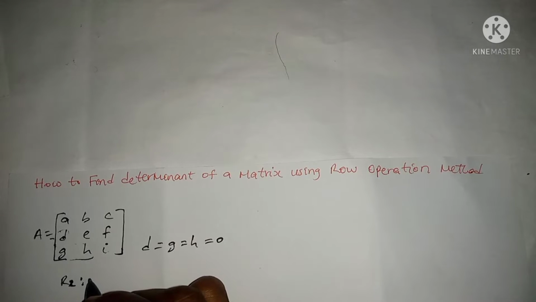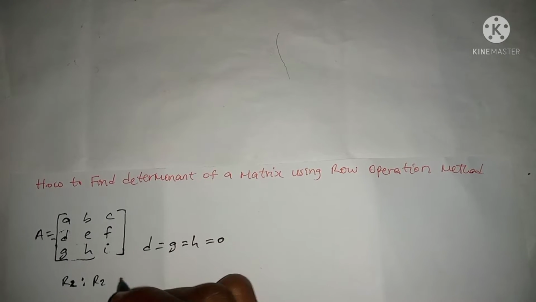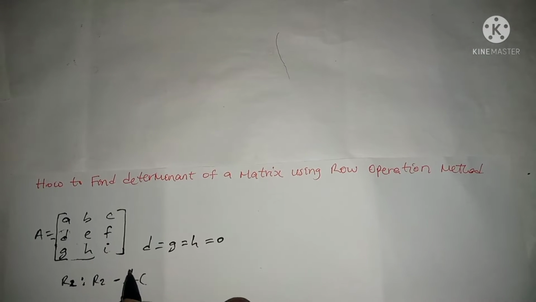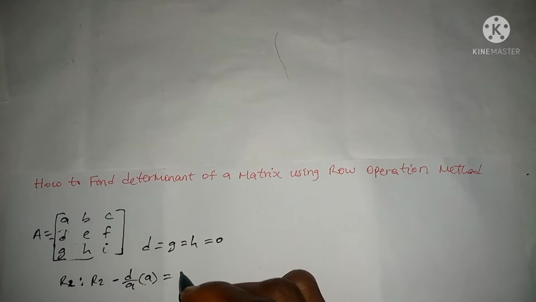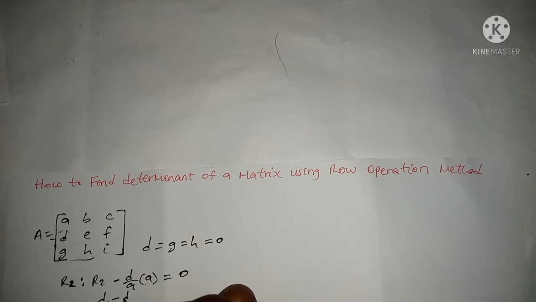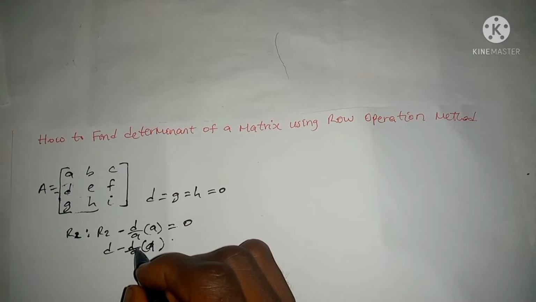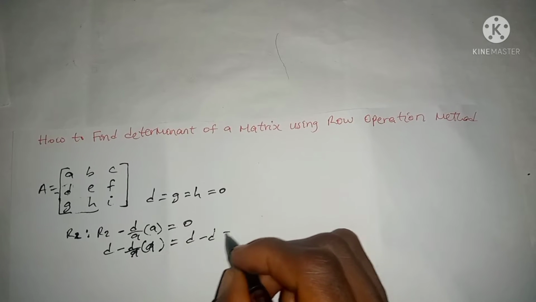The operation I'm going to perform here is row 2 minus D over A. Then if you multiply this with A, we are going to get 0. For example, D minus D over A multiplied by A. When this A cancels this A, we are going to be left with D minus D, which will give us 0.